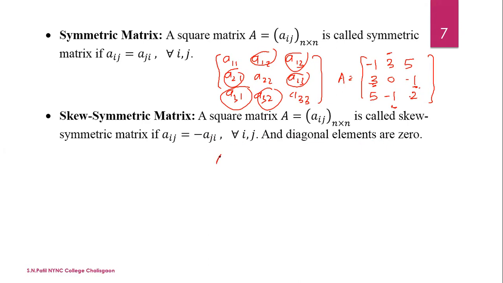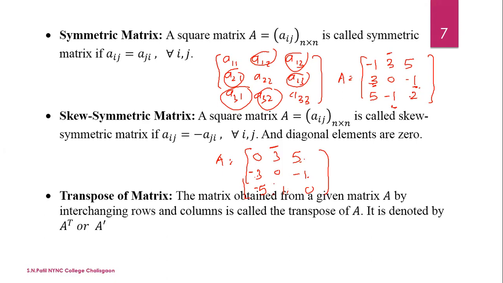For example, I'm going to take the same type of example, A is equal to 0 3 5, minus 3 0 minus 1, minus 5 1 0. Now see the position, the element is the same, only the sign is different. So this is the skew symmetric matrix.